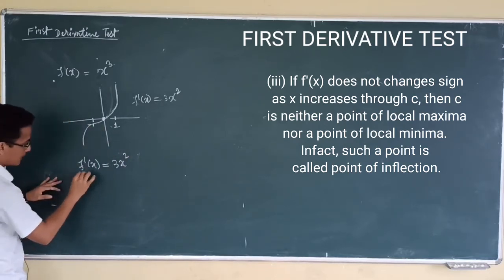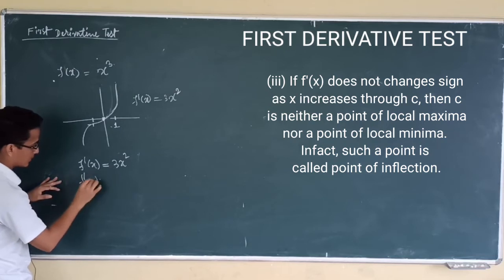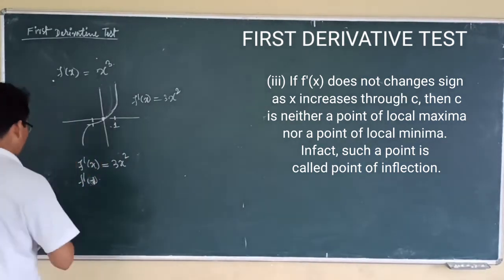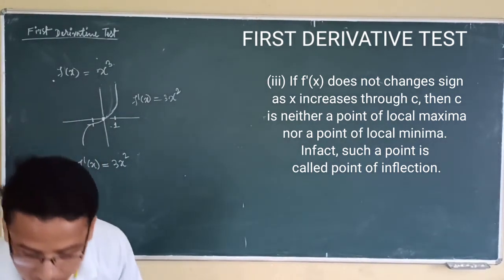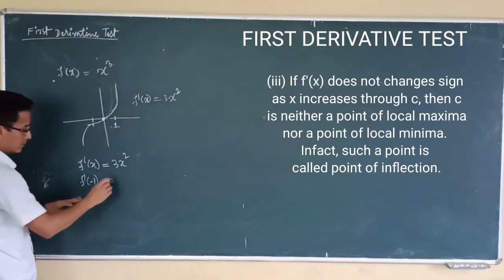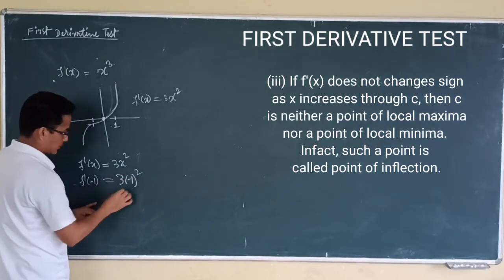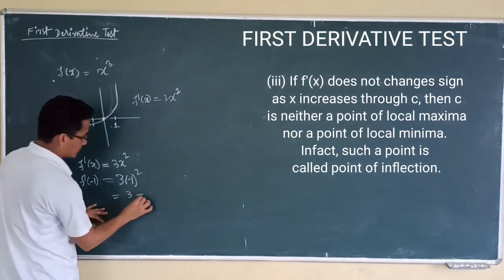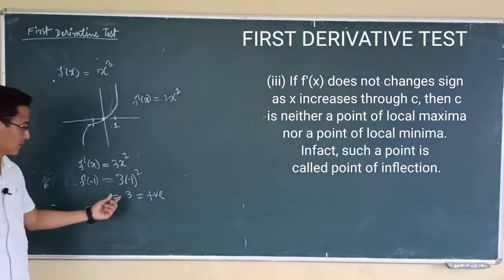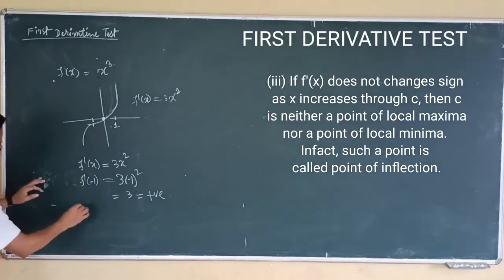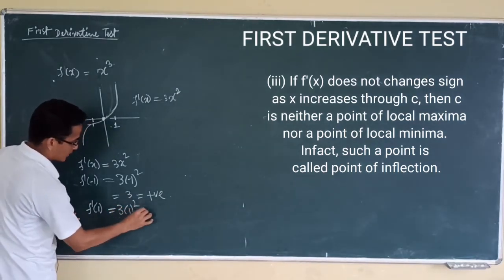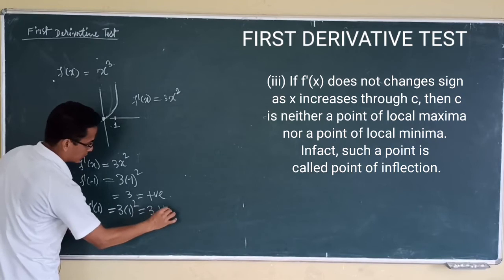Then if you take f dash x at minus 1, we get 3 times minus 1 whole square, that is 3, which is positive, since minus 1 square is 1. If you take f dash x at 1, then 3 times 1 square equal to 3, which is also positive.